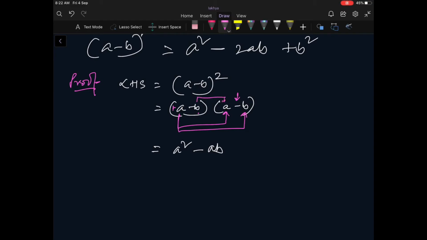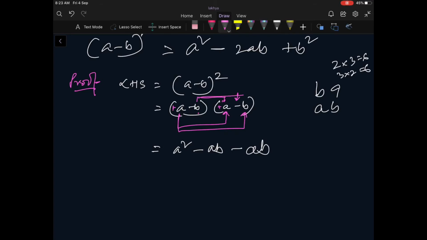Then again minus b into a, this a is positive, so minus ba. ba and ab are the same thing, because 2 3s are 6, 3 2s are also 6. That's why ba and ab give the same result.